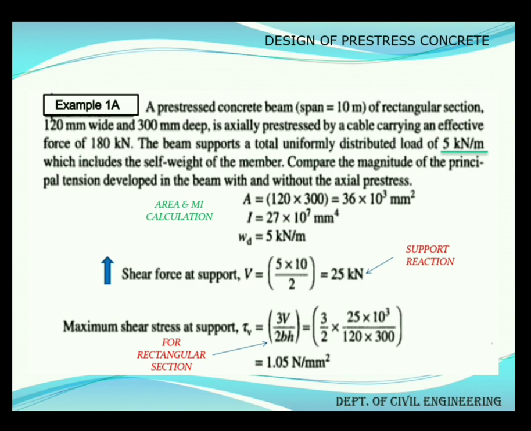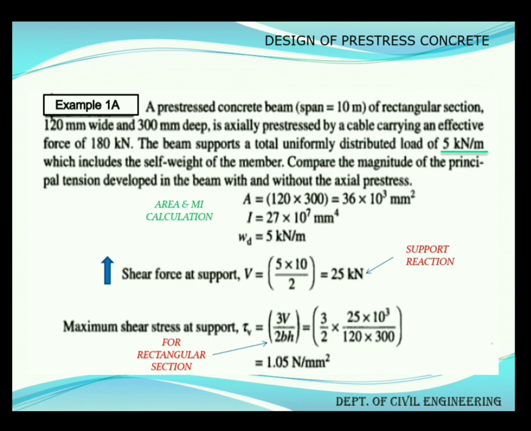Compare the magnitude of the principal tension developed in the beam with and without axial pre-stress. So here we have to compute the tension developed in the beam once considering the effect of axial pre-stress, and a second time not considering the effect of axial pre-stress. So let's start with the calculation.